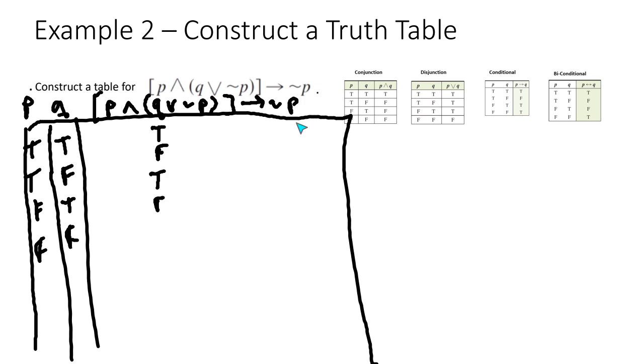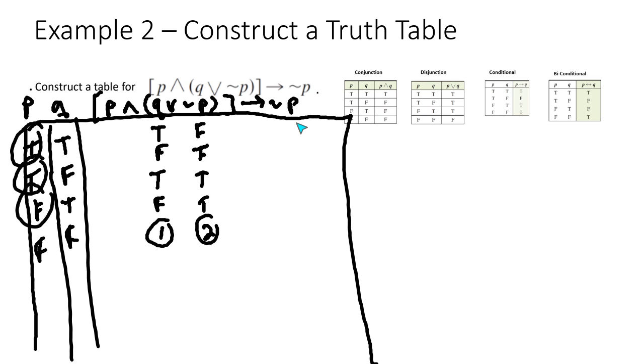So that's my number 1. And then I have negation P. So that's going to be false, true, false, false, true, and true. So that's number 2. So we're taking our P, that was true, so we have false, true, we have false, false, we have true, false, we have true.